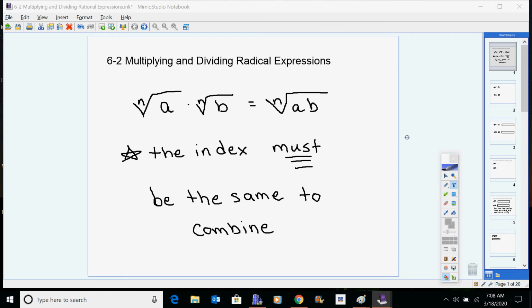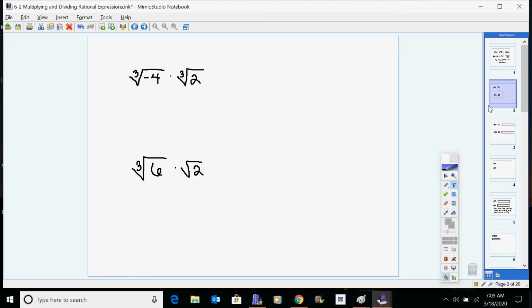Now, there are a couple of exceptions to that we will get to as we go through other sections, but for right now, the quick rule is as long as the index is the same, you can bring it all under the same radical and then simplify. That is especially true when you have odd indices. The odd indices, believe it or not, are easier to deal with than the even indices.